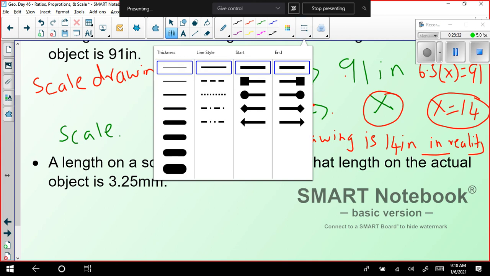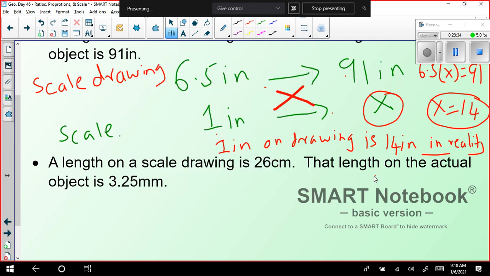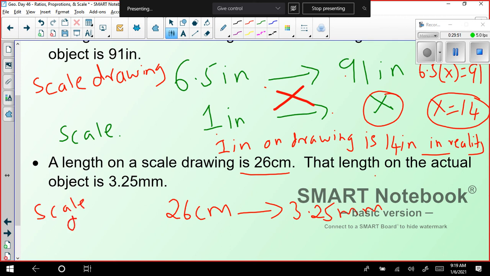So the scale drawing was in terms of centimeters. We had 26 centimeters representing in reality 3.25 millimeters. This was our scale drawing, and we are trying to find the scale.